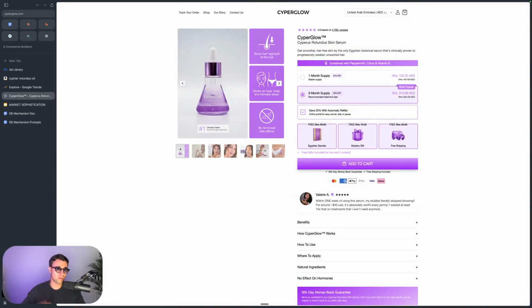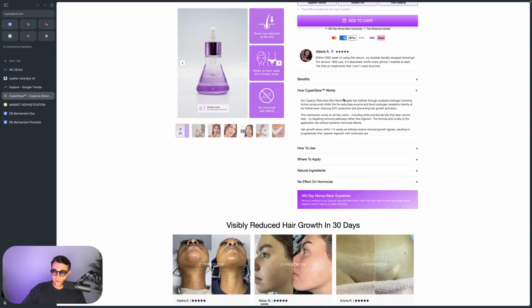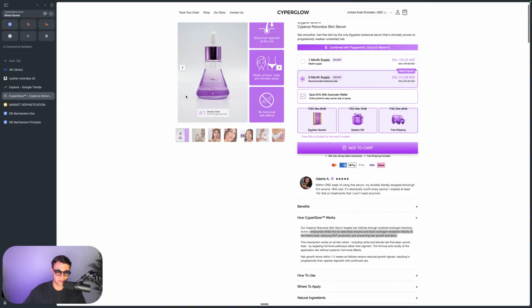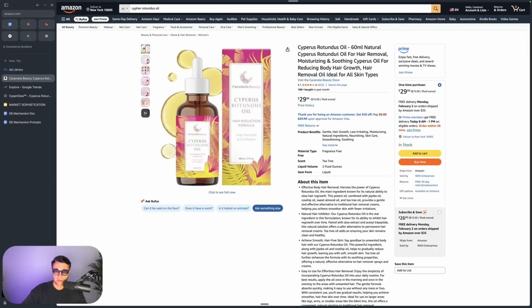I want it to almost treat this as a brand new product that we need a mechanism for, because you can see here, they do say things like, it targets hair follicles through localized androgen blocking. Active compounds that inhibit the 5-alpha reductase enzyme and block androgen receptors directly at the follicle level, reducing DHT production. So I kind of want the prompt to find that information itself, as opposed to just giving it to them through this URL. So what we are going to do is I will use an Amazon listing instead.